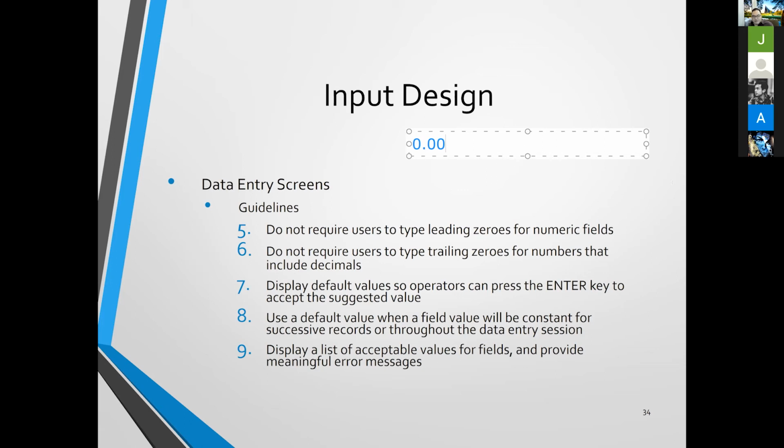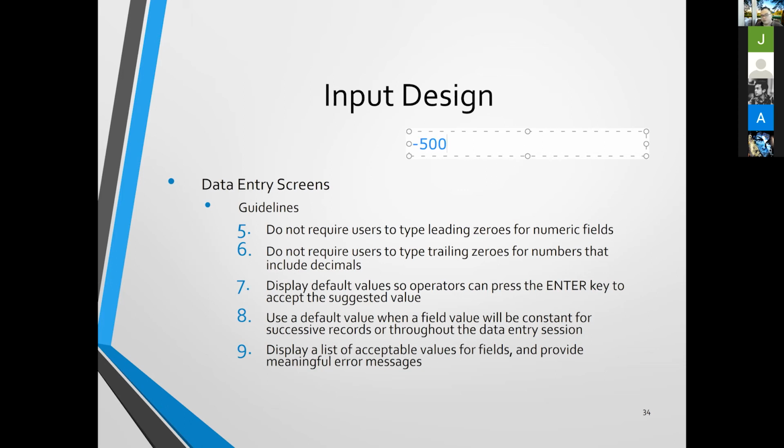If the users would like to change it, you allow them to change. But if the default date must be the current date only and you don't allow them to change it, make that field gray so that users know this is not allowed to change, you have to use the current date only. That is the default value.